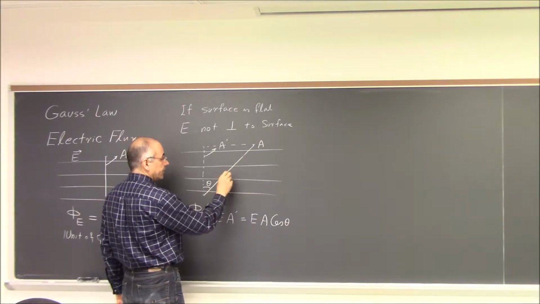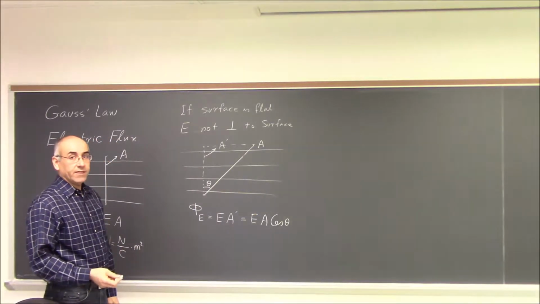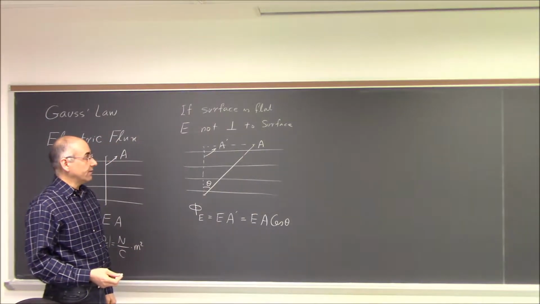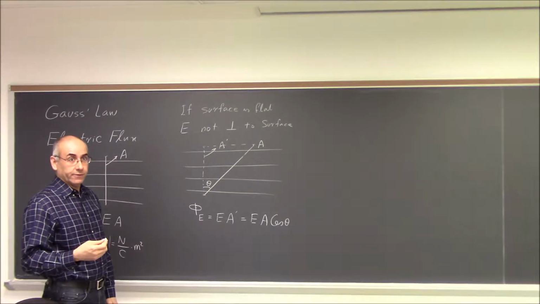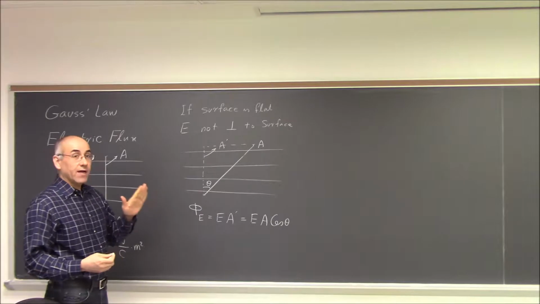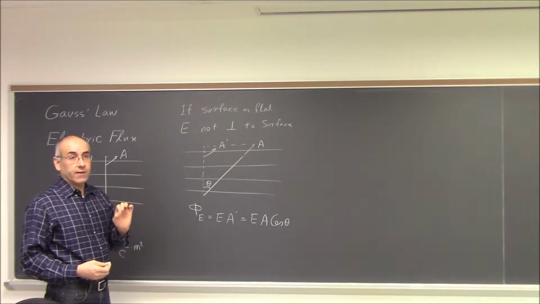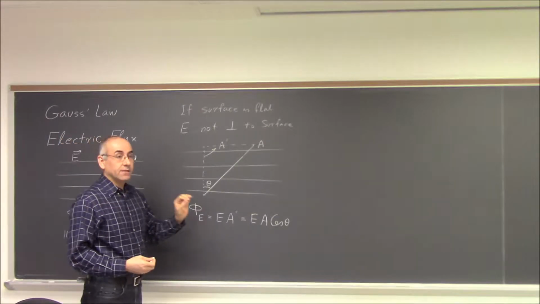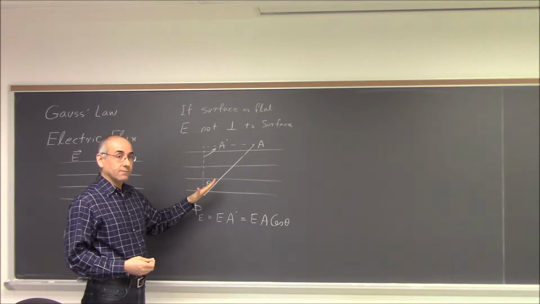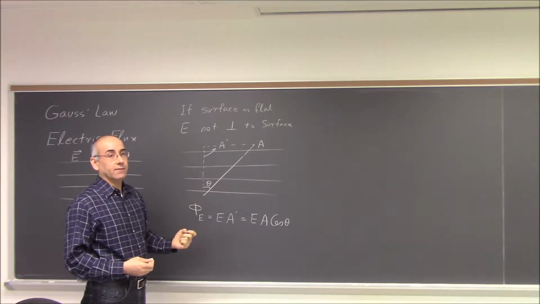In this situation, we define an area vector, a vector for area, which is an unusual thing to do, but we do that in physics. When you have an area, we define a vector for that. The vector has to be uniquely defined. The vector is perpendicular to the surface, and it has a magnitude the same as the area.